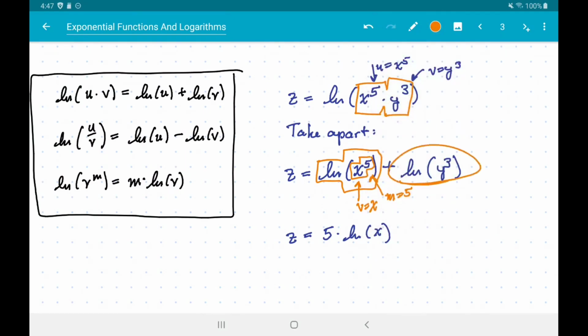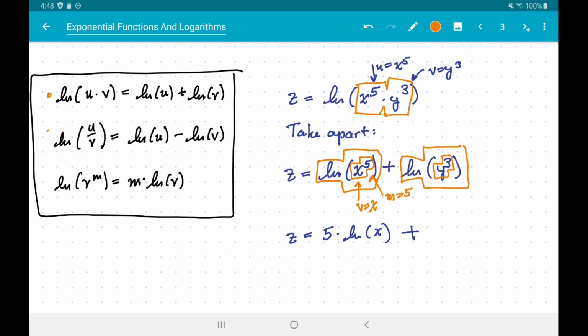Now let's look at the other thing here. I'm going to rewrite this and put it here. It has kind of the same shape, right? We have ln, the function ln applied to the number y cubed. Okay?